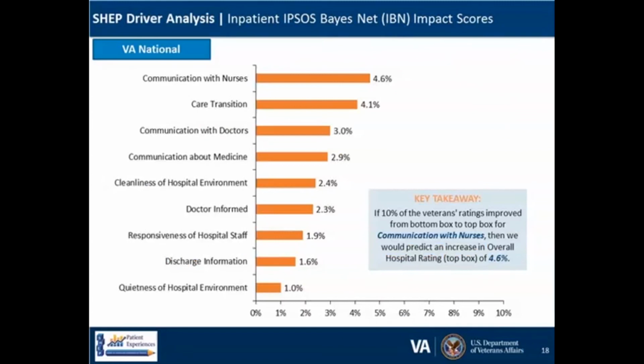So if we were to improve communication with nurses by 10 points, let's say communication with nurses went from 75 to 85 as reported on Hospital Compare HCAHPS, we could expect to see a corresponding improvement in the overall rating of a hospital of 4.6 points. Again, if we were to improve care transition by 10 points, so for instance, if care transition improves from 65 to 75, we could see a corresponding improvement in that overall hospital rating of 4.1 points.